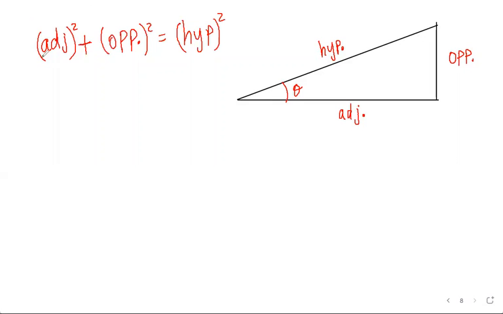This is the formula. So the adjacent square plus the opposite square equals this one square.